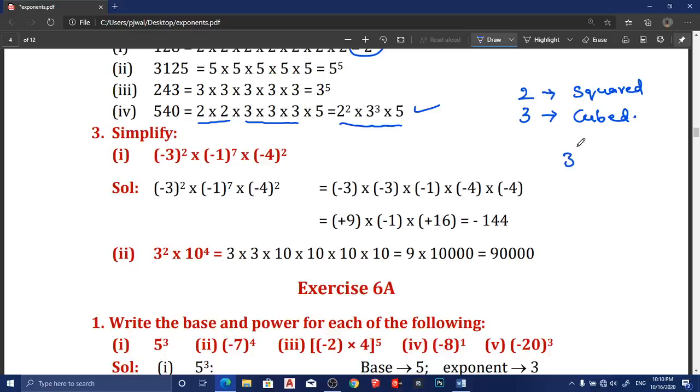For example, 3 raised to the power of 2, you can read as 3 squared. If it is 4 raised to the power of 3, you can simply read it as 4 cube.